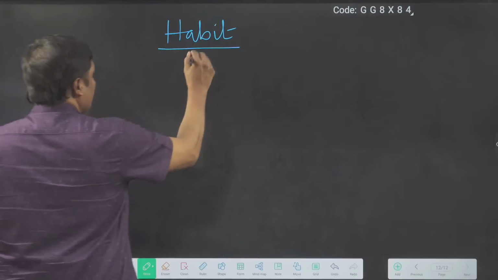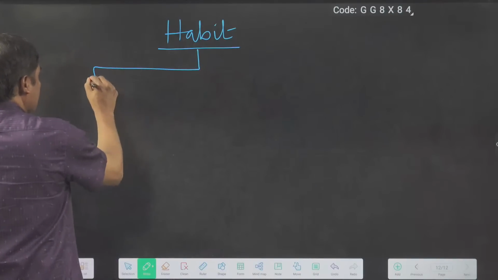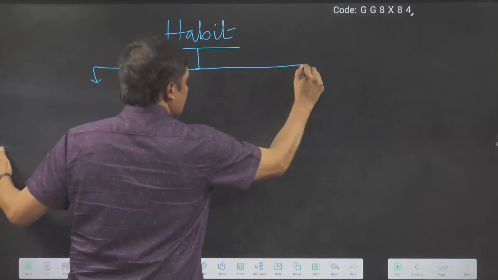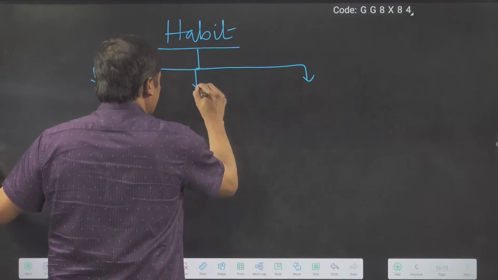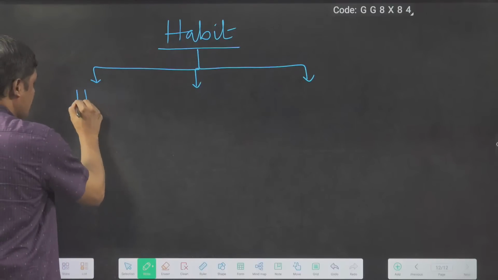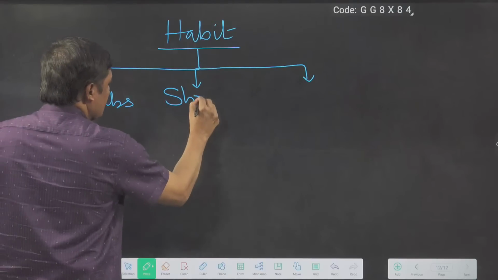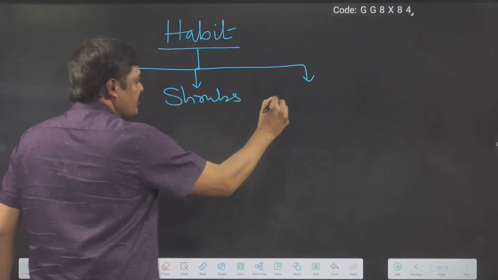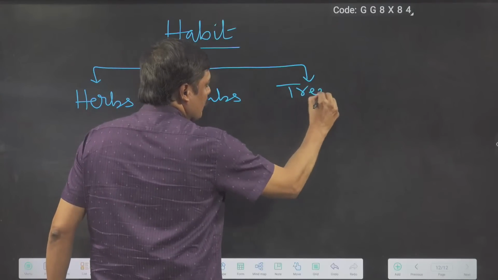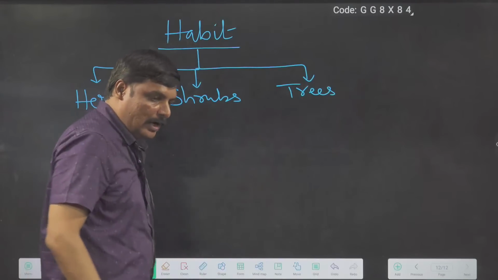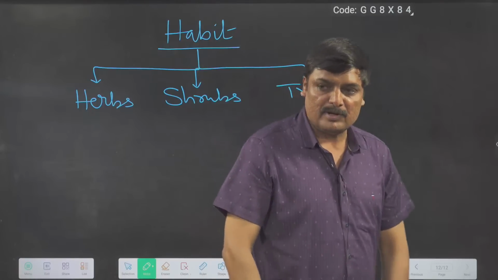Namely, based on the habit, angiospermic plants are of 3 types: herbs, shrubs, and trees. Of course, there are other plants also.